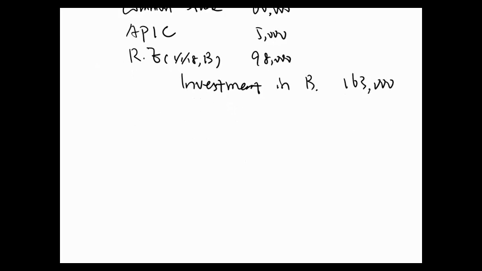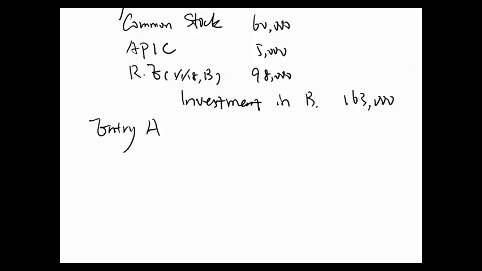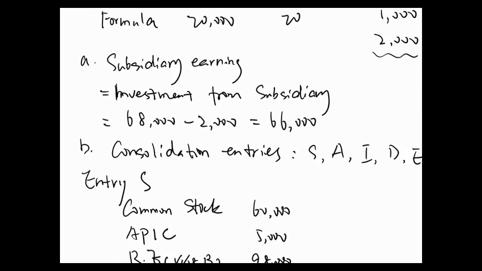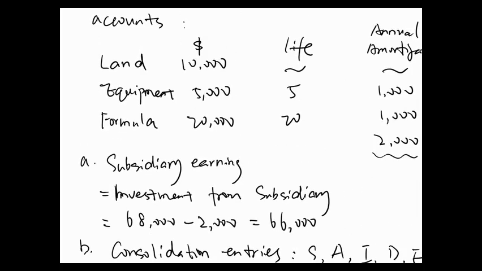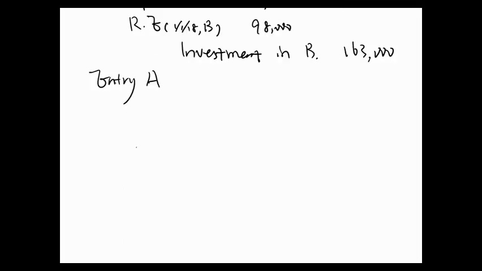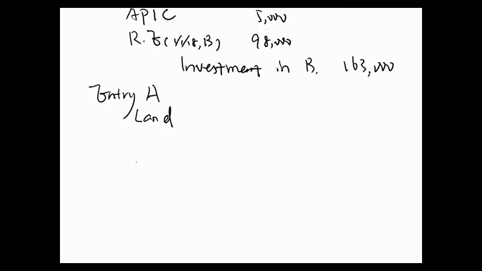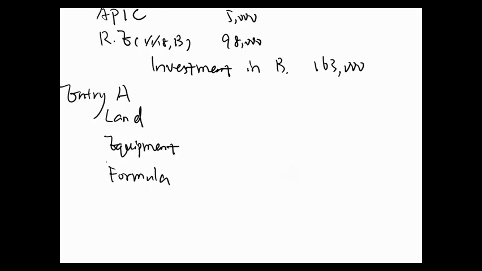Okay, next entry is entry A. Entry A is to adjust the subsidiary company's asset and liability accounts to their fair value, which means that we need to consider these three accounts in that entry. The entry would be debit land, equipment, and formula. For land, the adjustment would be 10,000 because we do not depreciate land over time.